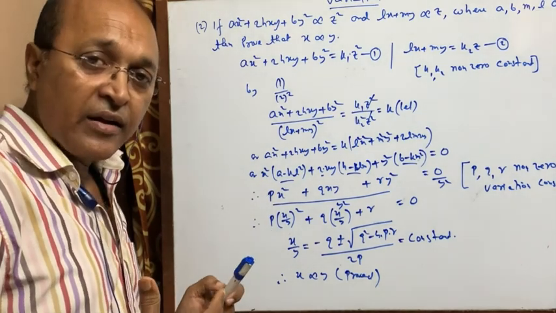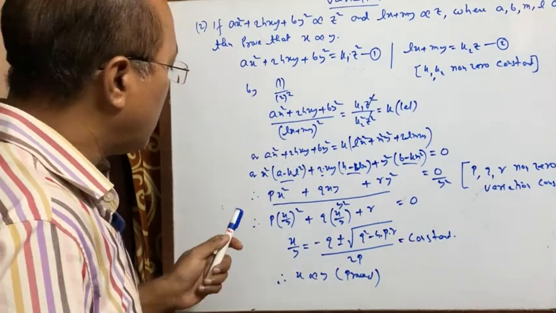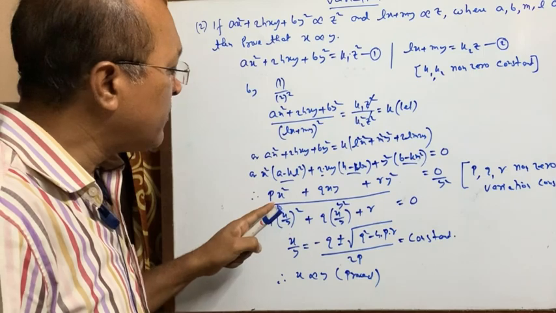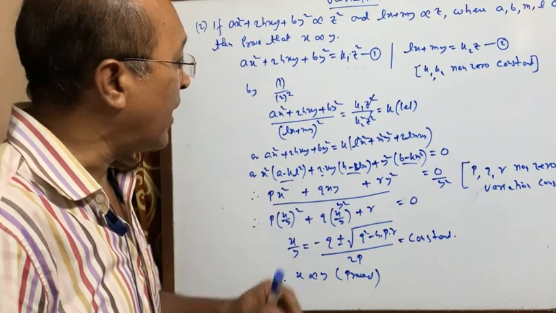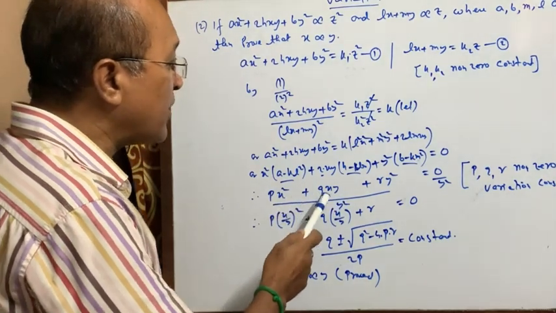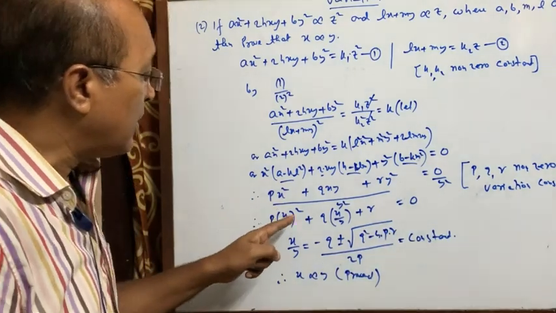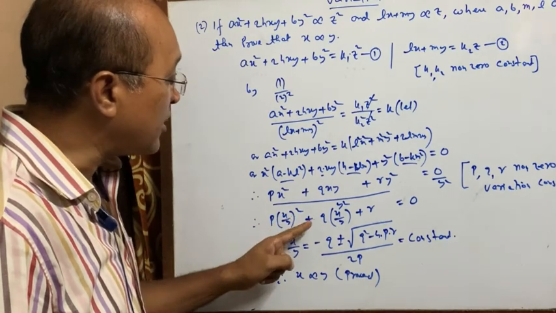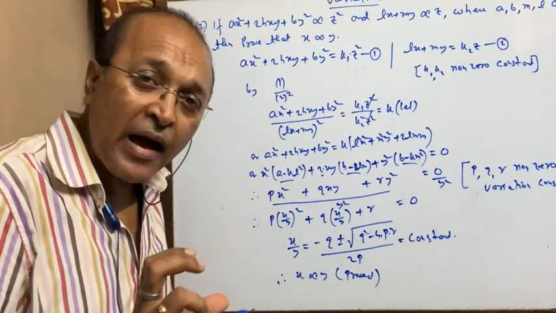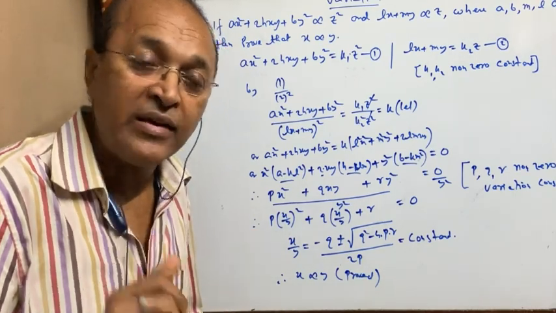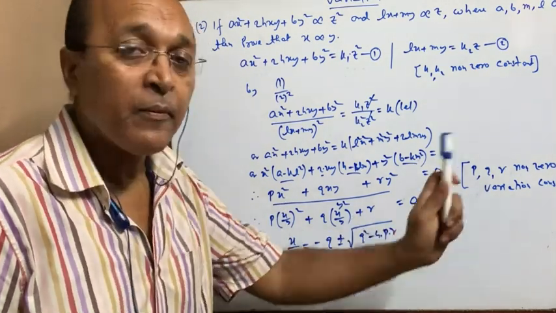Now this entire term looks like a quadratic equation, isn't it? What we did here, we divide both sides by y square. Px square plus qxy plus ry square divided by y square, and here 0 by y square. Ultimately, we got p (x by y) whole square, q x by y, and r. Right. Here the only variable term is x by y. This p, q, r all are constants.